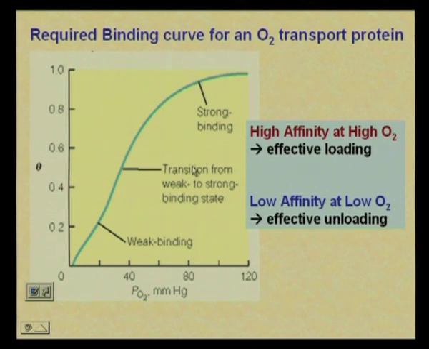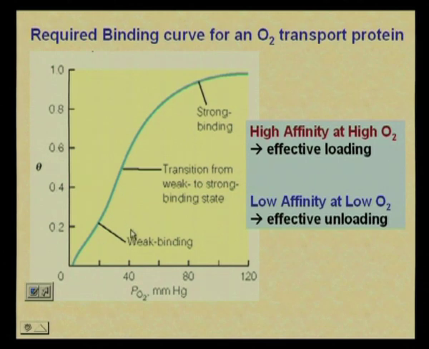Now, so what do we have here? We have a transition from a weak binding state to a strong binding state. So, this is the curve for hemoglobin, which is what is called a sigmoid fashion. The rise is in a sigmoid fashion, where we have high affinity at high oxygen partial pressure, which means we have effective binding.